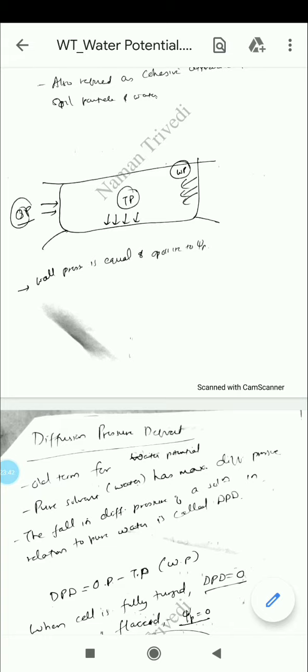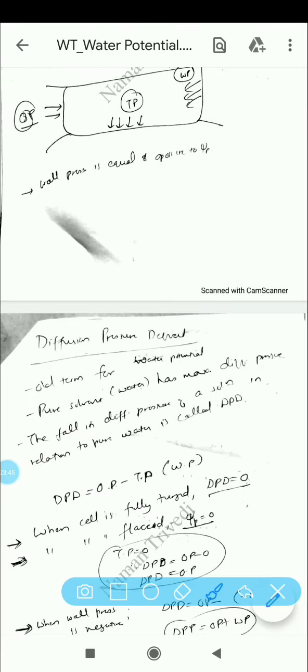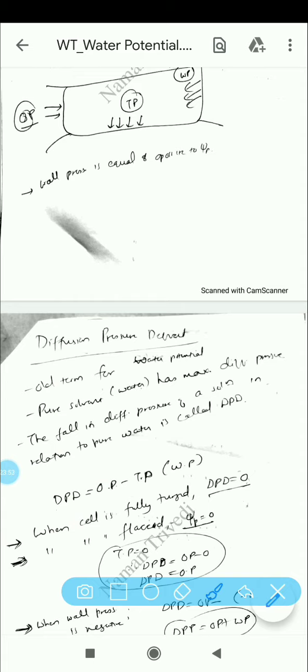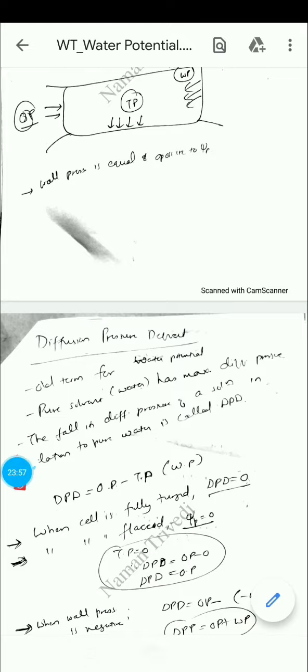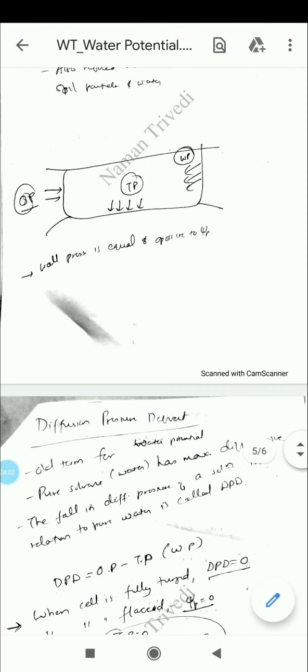Finally we'll talk about the WP. WP is always in this direction, you can see.